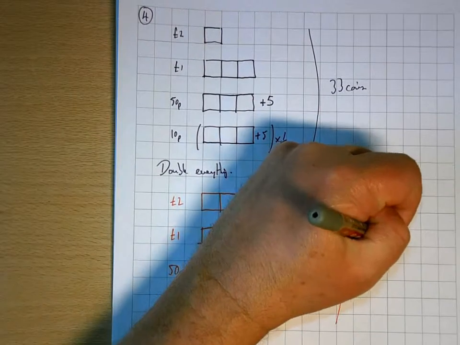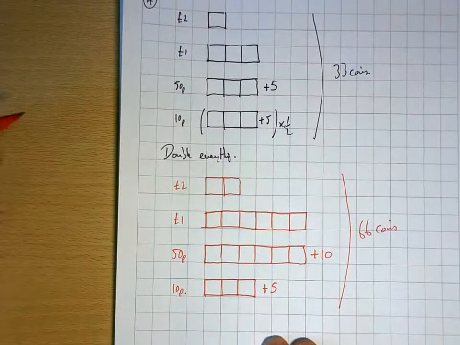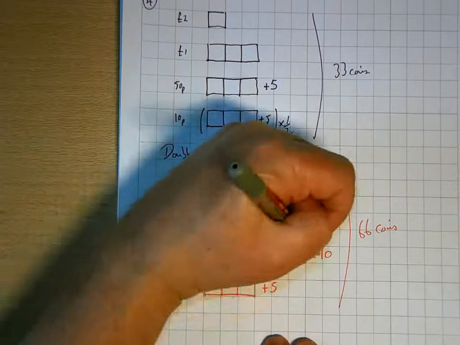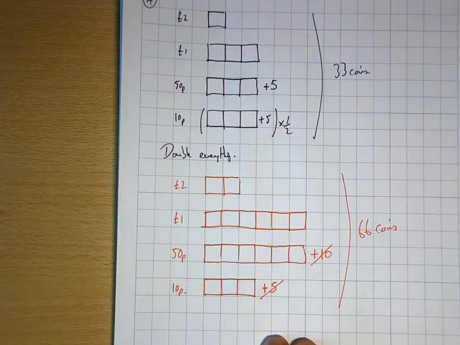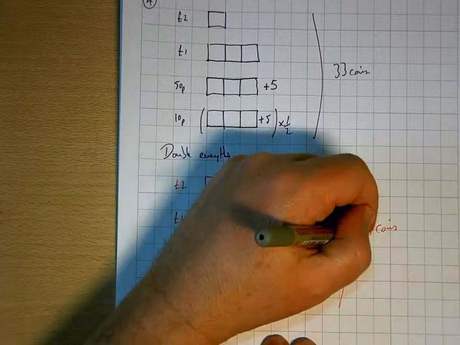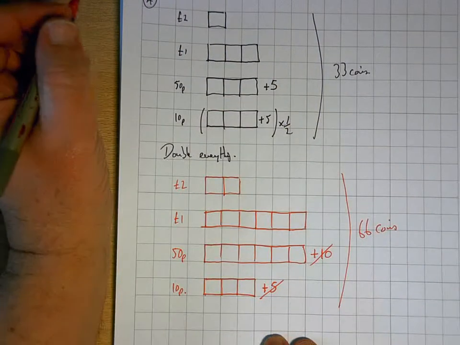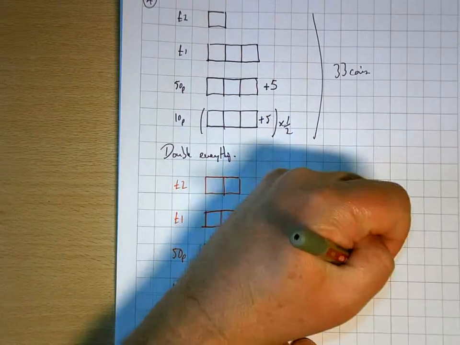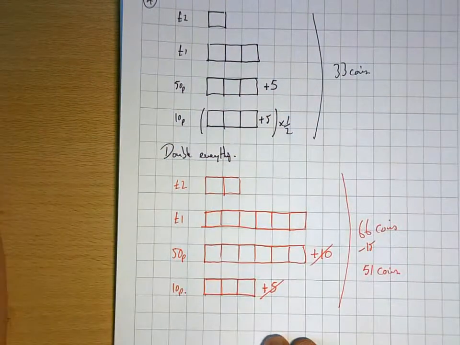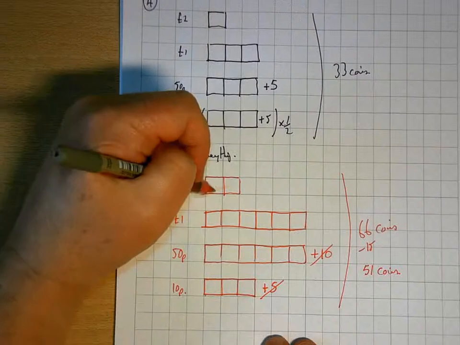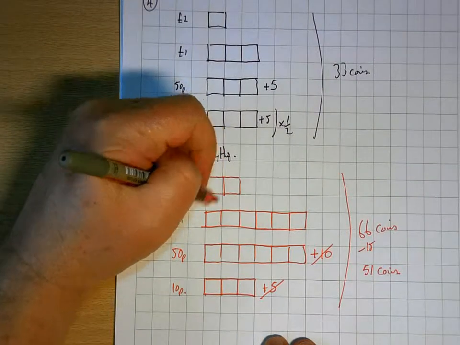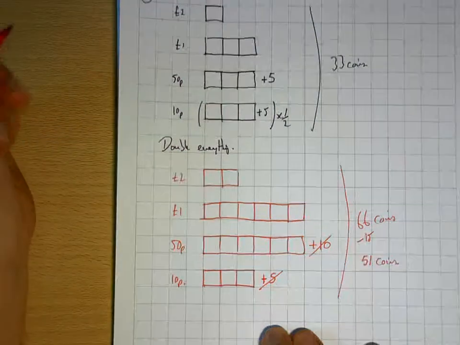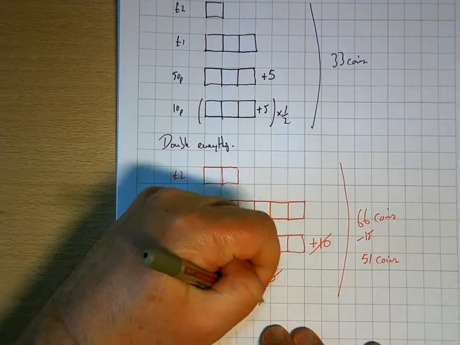66 coins. I just want the blocks on their own, so I have to take the 15 extra coins off, leaving me 51 coins, and that's between 2, 12, 14, 17 blocks.